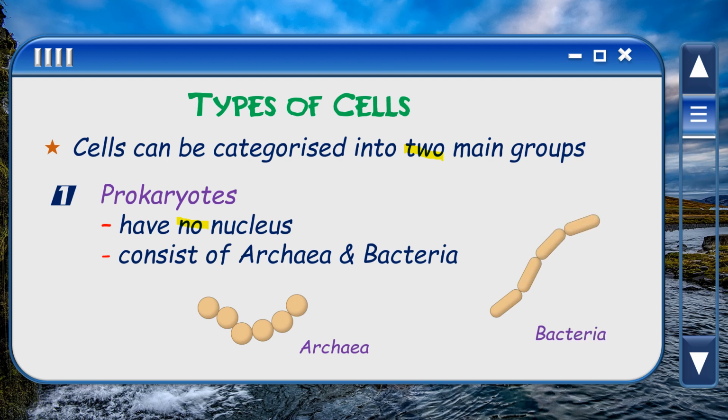They consist of the archaea and the bacteria. This is the archaea, and this one is the bacteria. So these are the category we call prokaryotes.